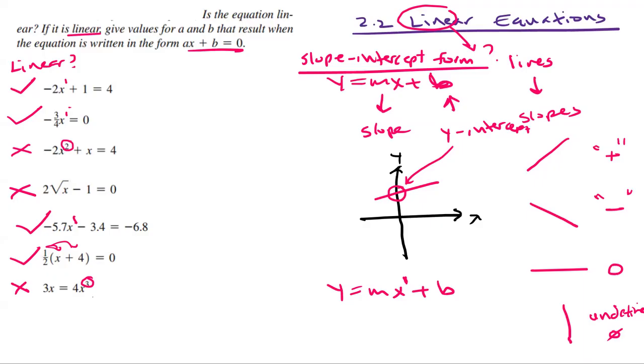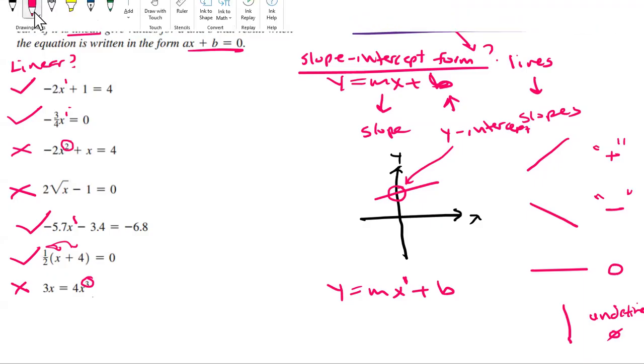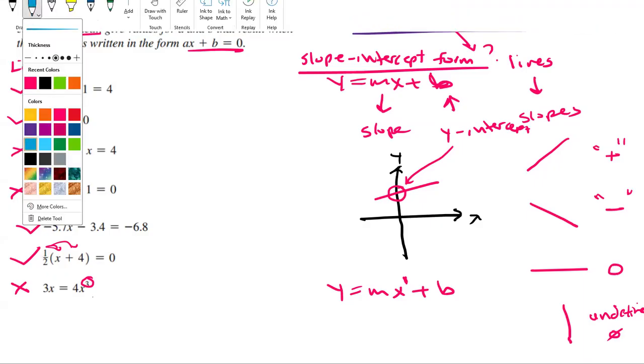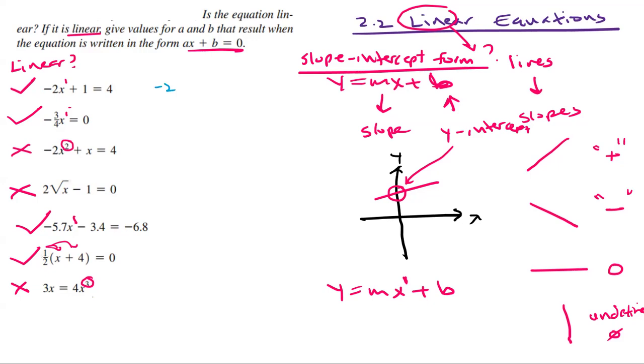So for the first one there, we have negative 2x plus 1 equals 4, right? So that's linear. Subtract 1 on both sides. Negative 2x equals 3. Oh, no, sorry. I don't want to solve for x.